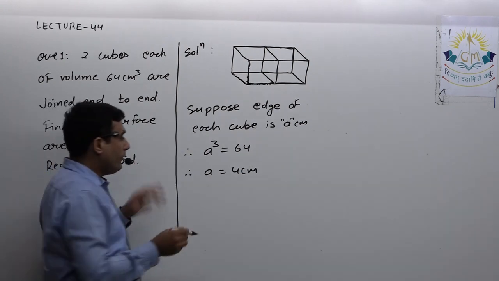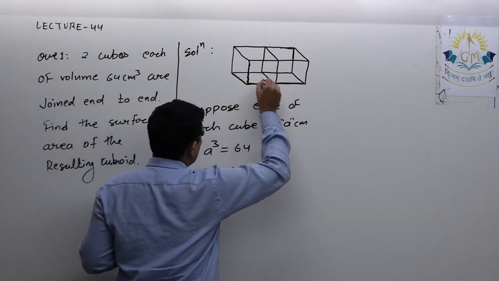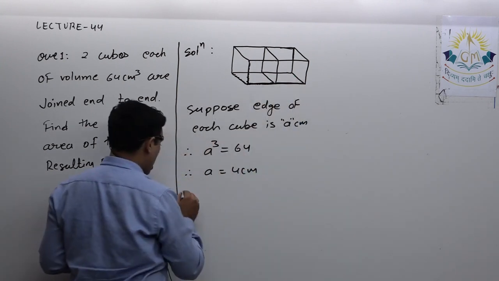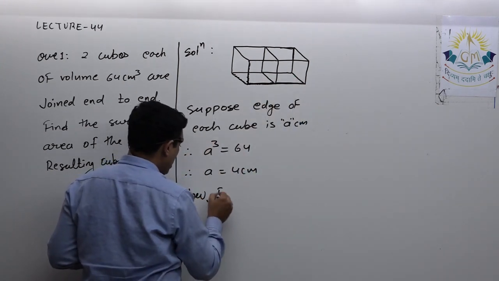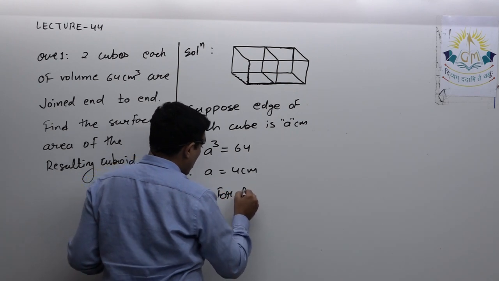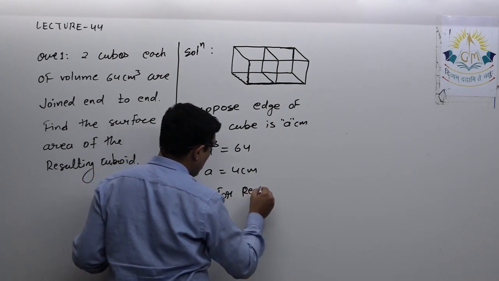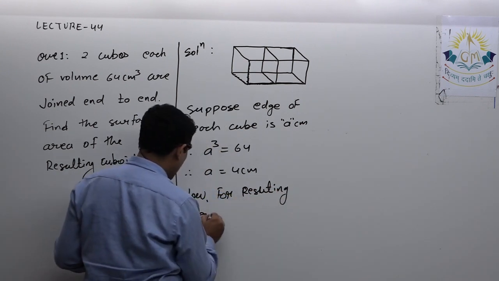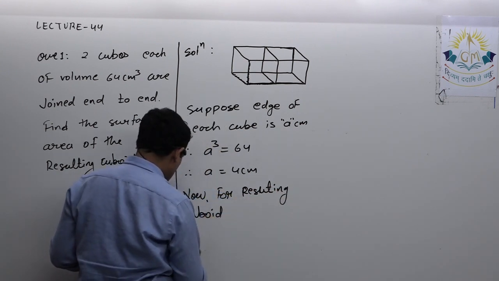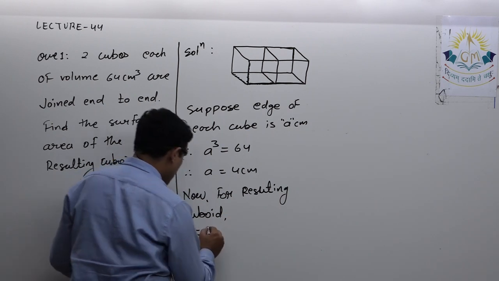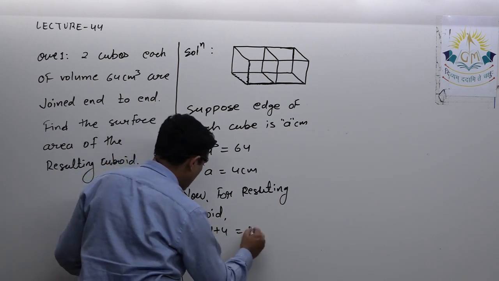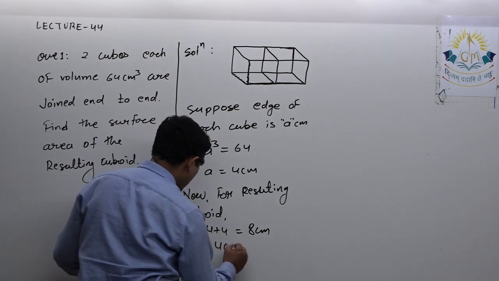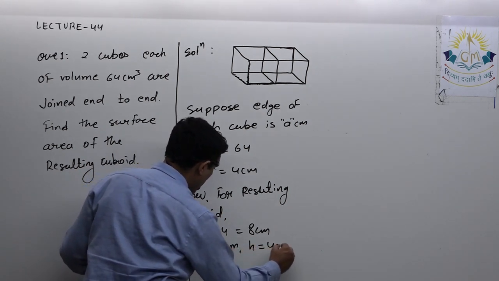Now, when we form a cuboid, the length of the cuboid will be this a plus this a. So for the resulting cuboid, L is 4 plus 4, that is 8 centimeter, B is 4 centimeter, H is 4 centimeter.